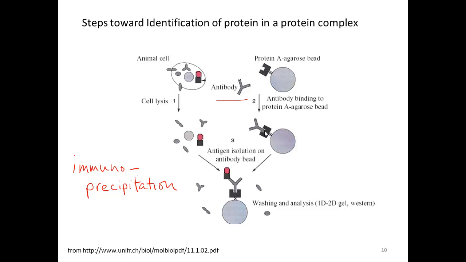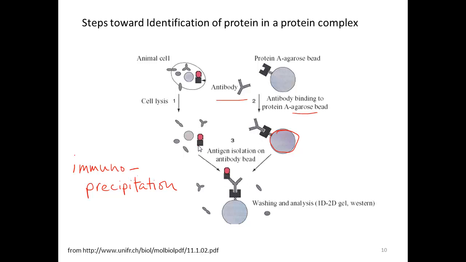Precipitation is because we're going to put this antibody onto a bead, which is macroscopic, can be made out of agarose, and by spinning or centrifuging it, this bead, which is heavy, is going to go down to the bottom of the tube. It's going to precipitate any protein that the antibody happens to bind and any proteins which are bound to that protein.